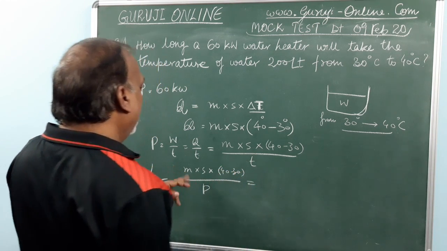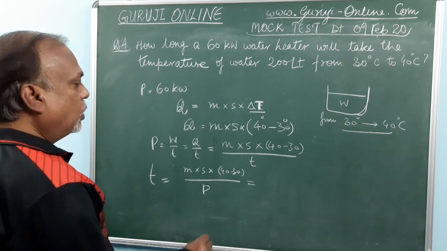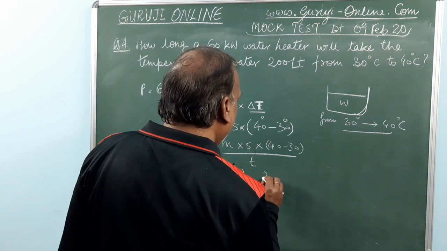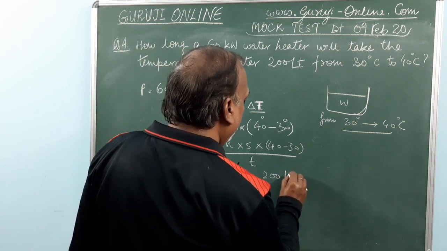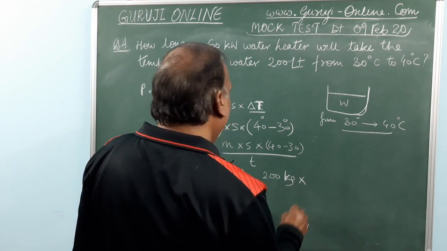Now we can put the values. This is 200 liter, or we can write it as 200 kg.